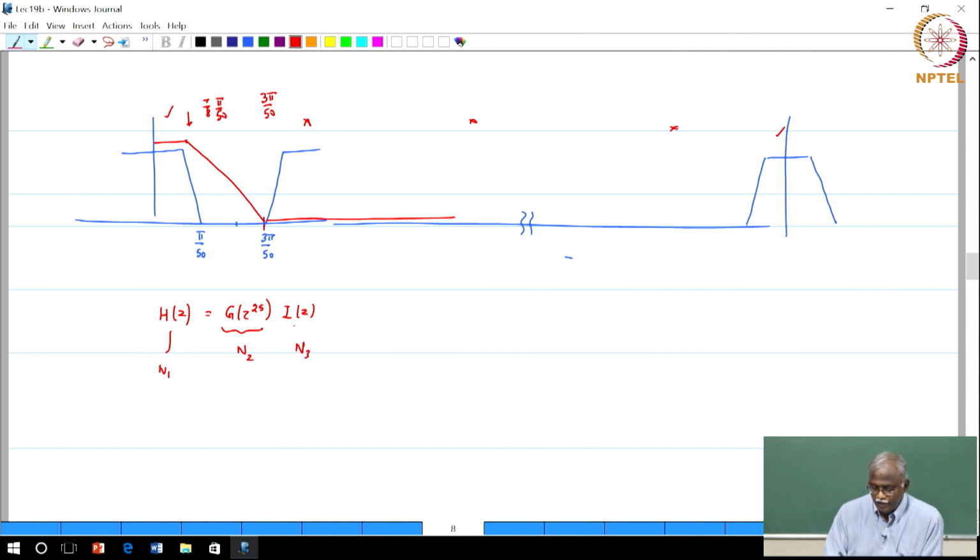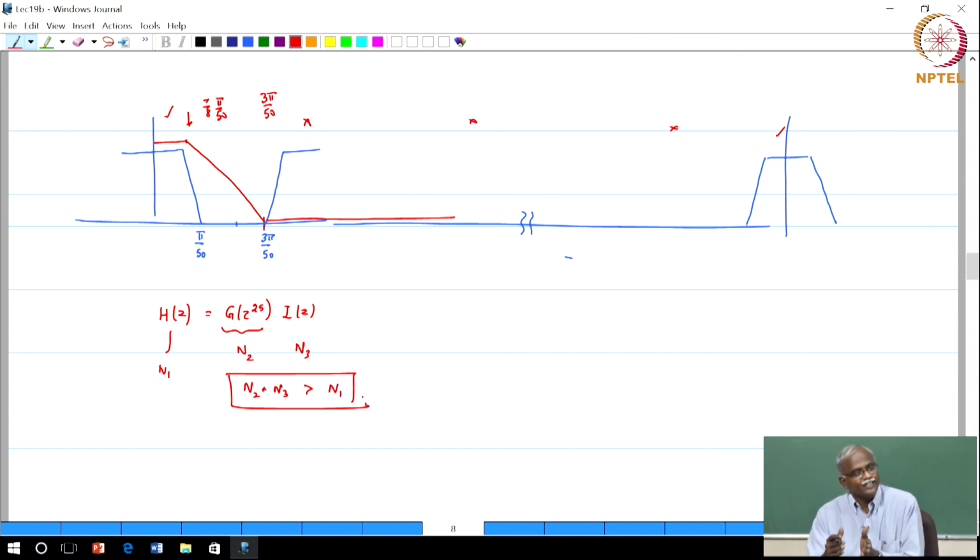this is filter order N3, G of z power 25. So, when I add N2 plus N3, it will be greater than N1, okay, because this filter is a cascade of 2 filters, but the key advantage is there are lots of zeros in this implementation, right. So, basically there are a lot of 0 valued samples in the impulse response, and that is where we get the advantage.